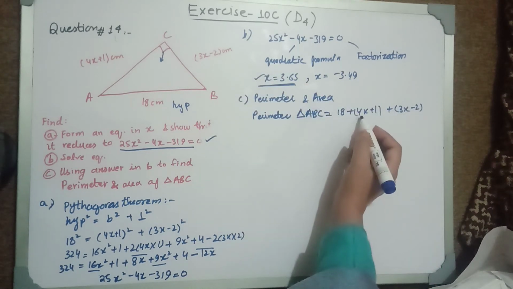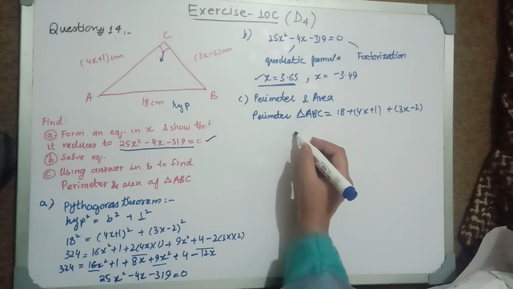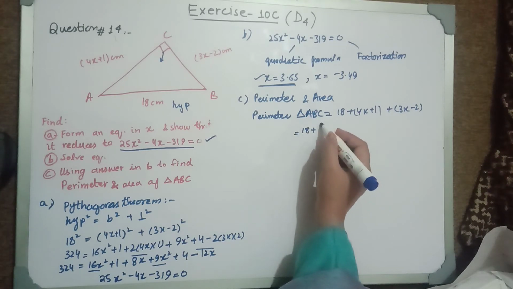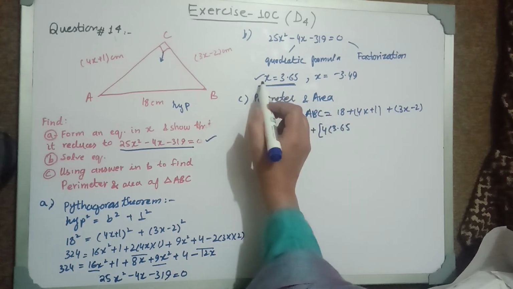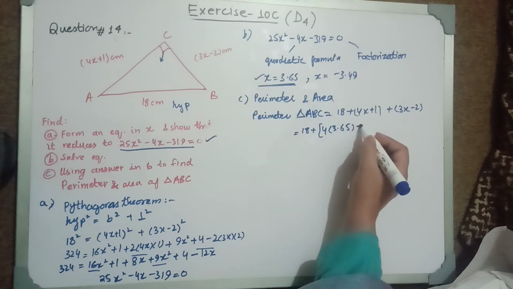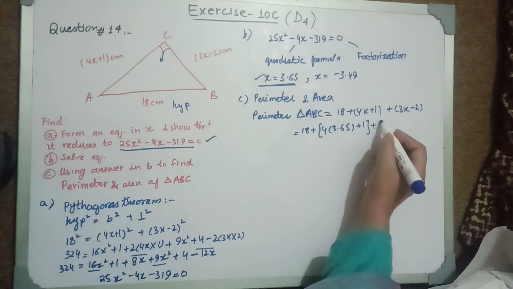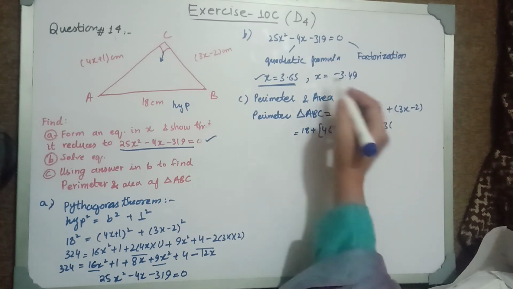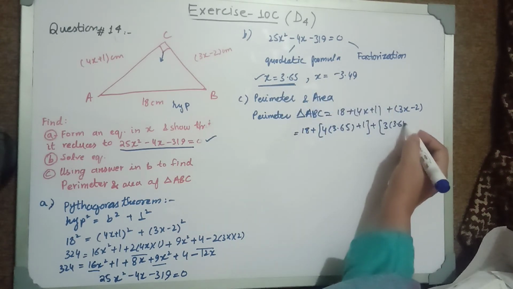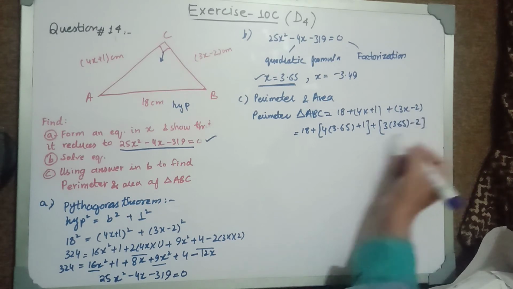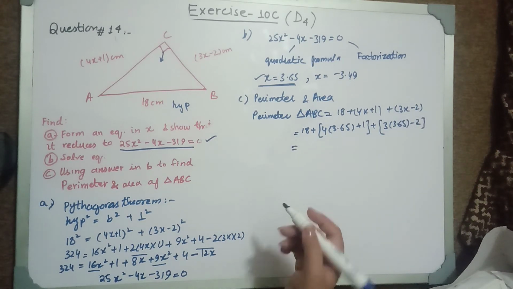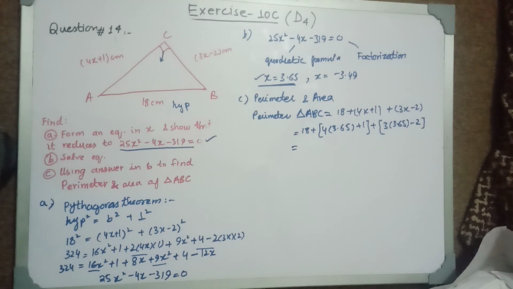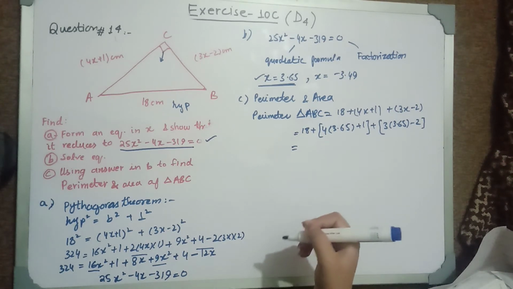Right, now let's substitute the value of x. 18 plus 4 into 3.65, as I mentioned that we will use the positive value, plus 1 plus 3 into 3.65 minus 2. And on solving, you will get the value of perimeter as 42.6 centimeter.